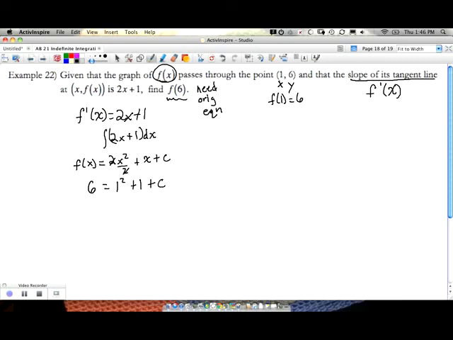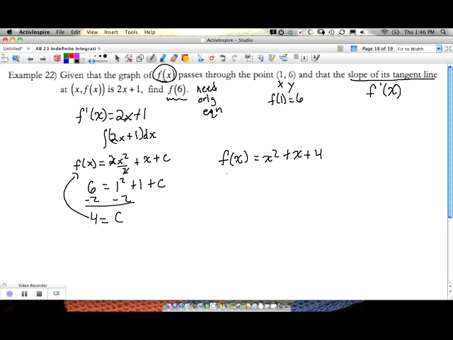This will be 1 squared plus 1 plus c. And subtract 2 from both sides, and I get 4 equals c. Alright, so that I can use to plug back into this equation, and I find out that f of x is in fact x squared plus x plus 4.